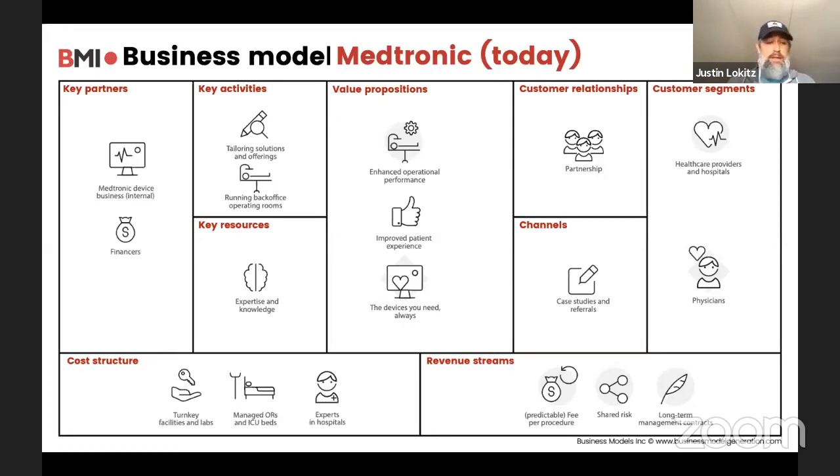And of course, the cost structure is helping to build whole turnkey solutions in labs, inside of hospitals, but also putting experts in those hospitals is a big cost because, again, Medtronic really wants to see this stuff through and sees itself now as a partner in the hospital, leasing technology to the hospital based on procedures, based on the effectiveness and efficacy of its devices, and not on actually just buying devices.